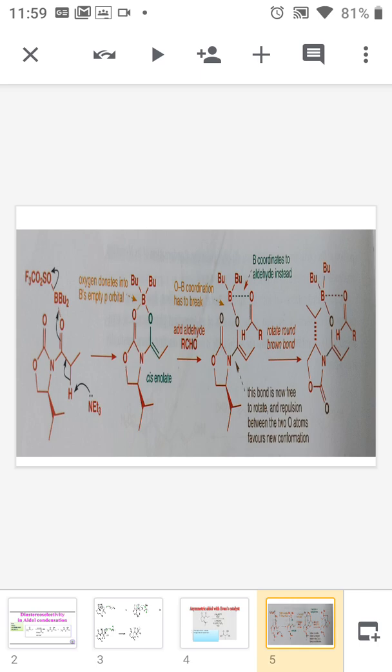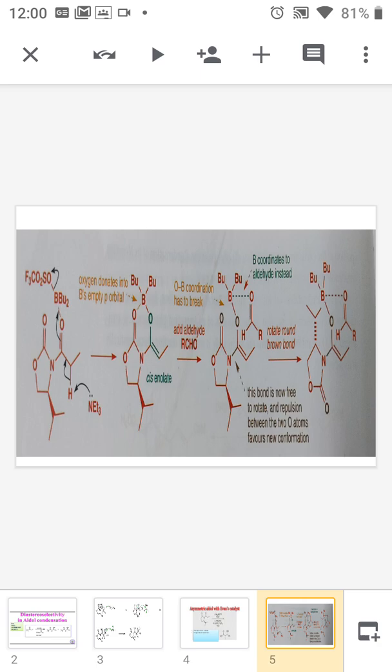Then we get a cis enolate which is coupled with boron, and boron aligns the two carbonyl oxygens in the same plane. If we add an aldehyde, RCHO, it cannot bind with the boron directly because boron has the capacity to form only three bonds with other atoms.